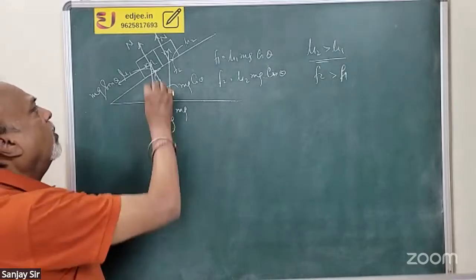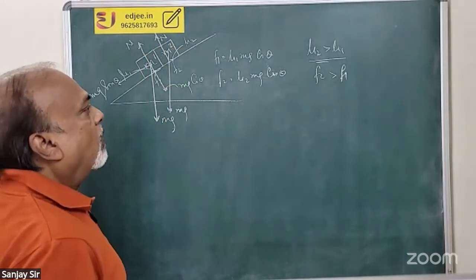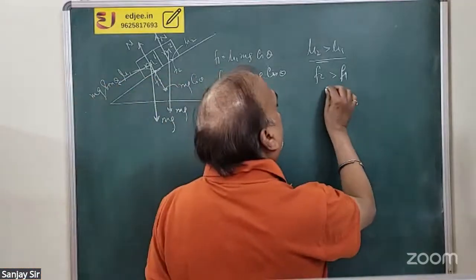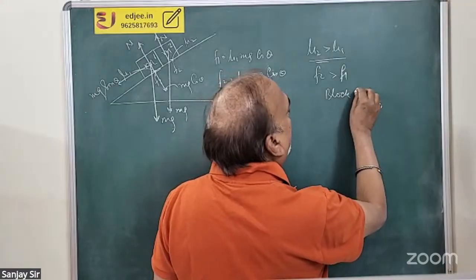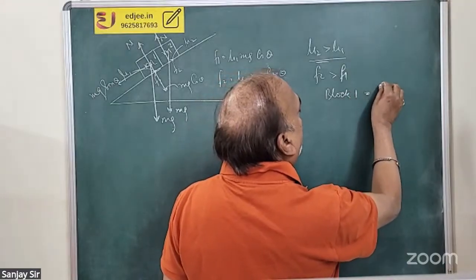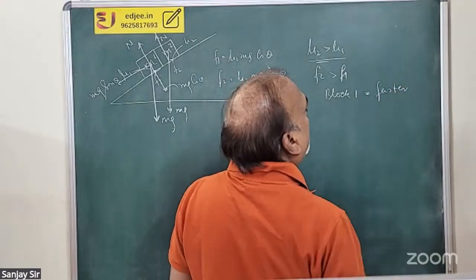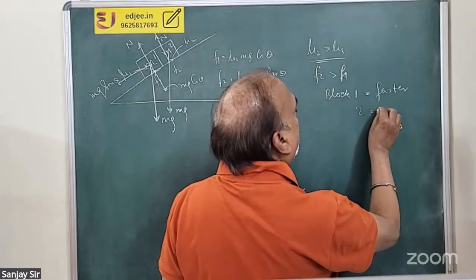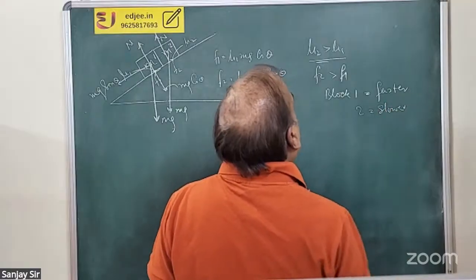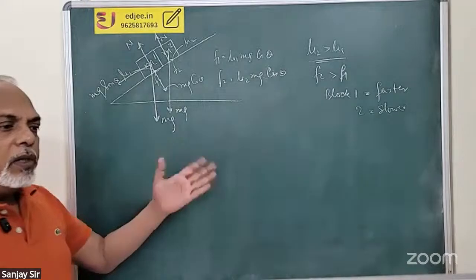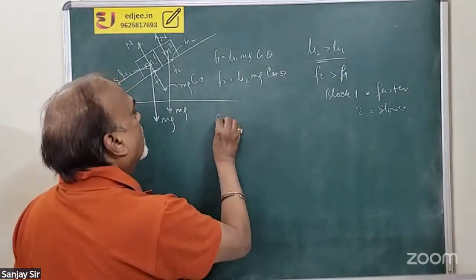Means block 1 will be faster and block 2 will be slower, because their accelerations will be different.